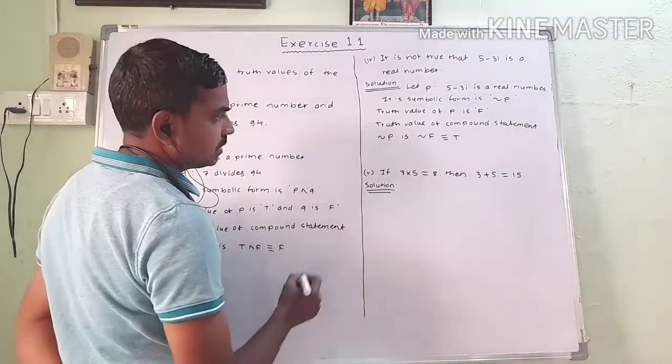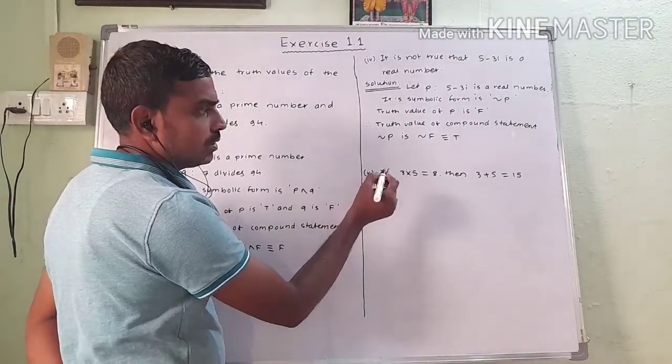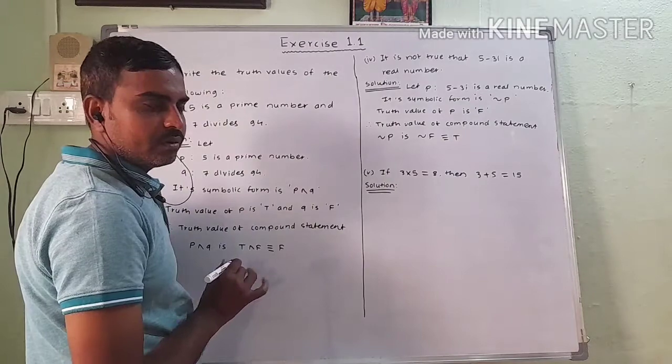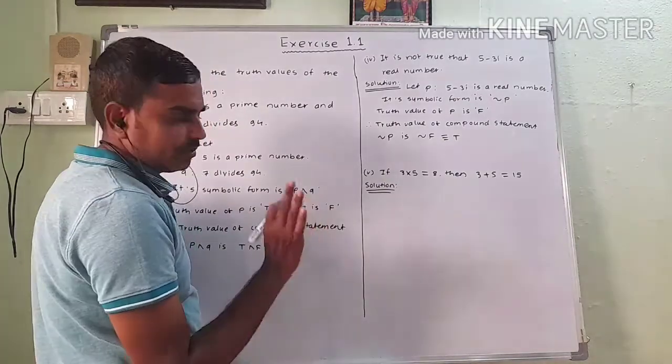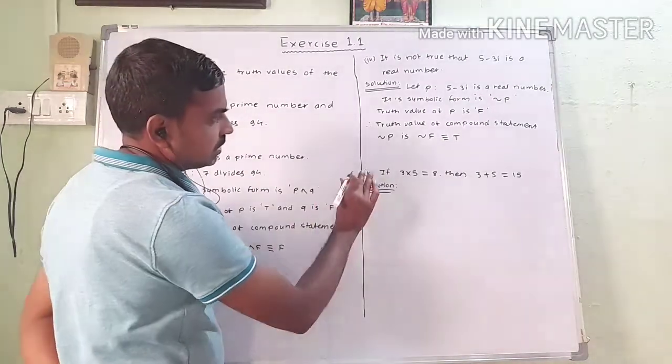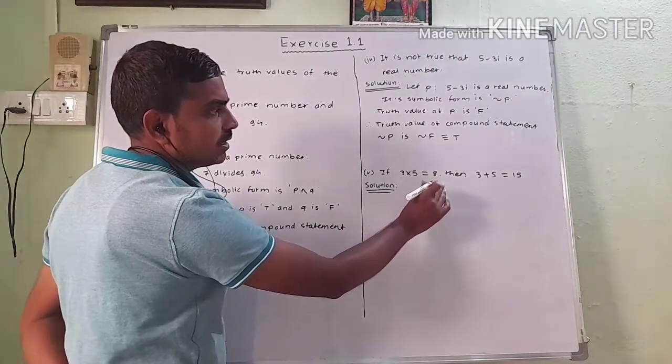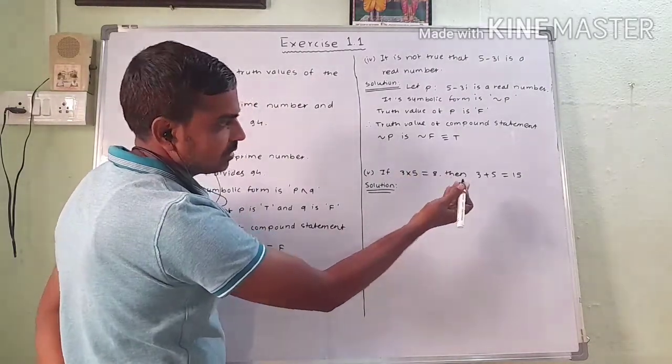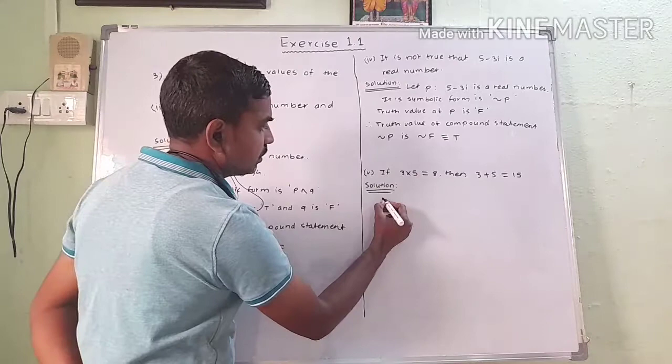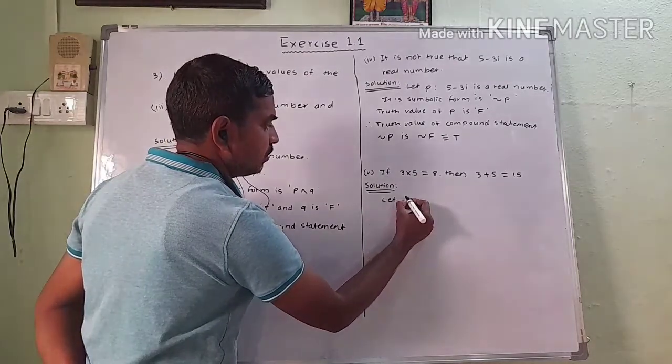The fifth compound statement is: if 3 into 5 equal to 8. We know that 3 into 5 is not 8, but here the given compound statement is: if 3 into 5 is 8, then 3 plus 5 is 15. Now first of all we will write it in symbolic form.